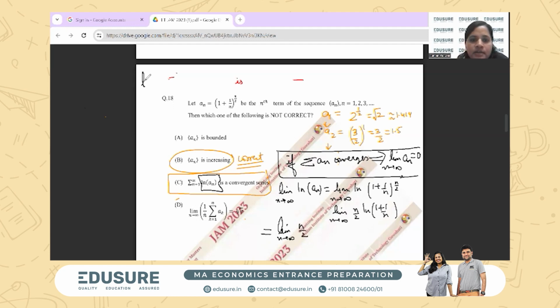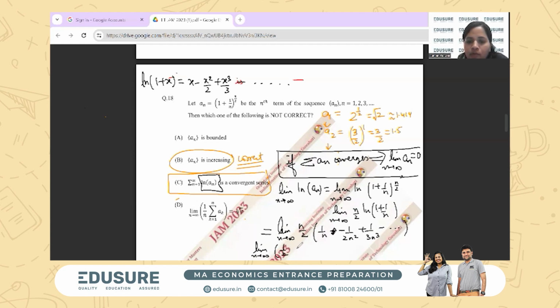Now we will use the series ln(1 + x) = x - x^2/2 + x^3/3 and so on. So with 1/n, this will be 1/n - 1/(2n^2) + 1/(3n^3) and so on. This n/2 will get multiplied inside.